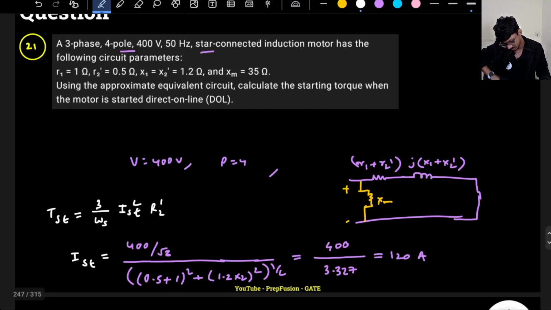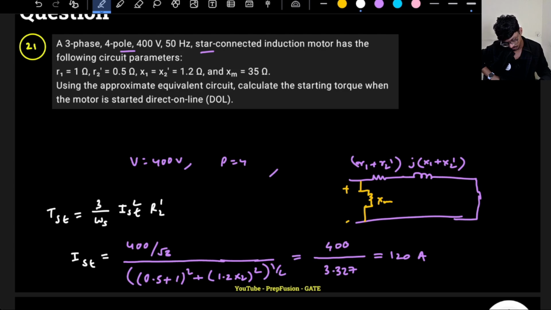So this voltage is this. So if I quickly calculate, it is 400. So 1.5 whole square plus 1.2 whole square whole under root. This is only it, right?